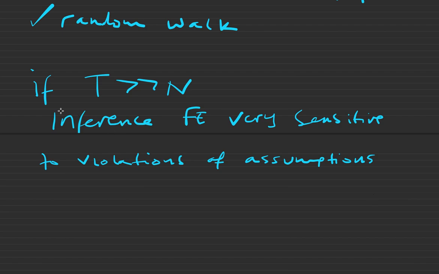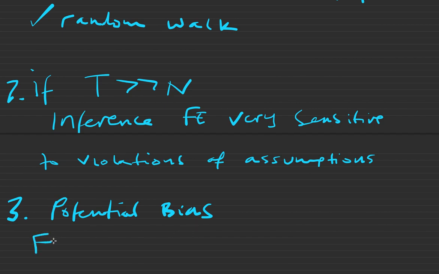This is a second consideration, and a third consideration is that for assumptions that result in bias of the estimators, so where we have potential bias, such as the strict exogeneity assumption, the fixed effects estimator is likely to be less biased with t greater than 2.